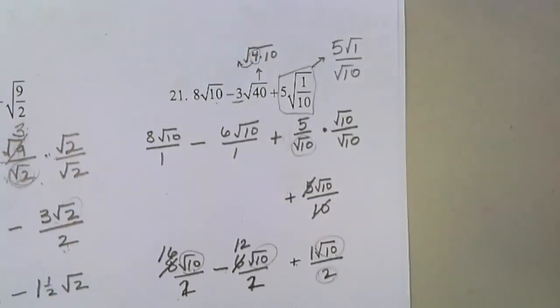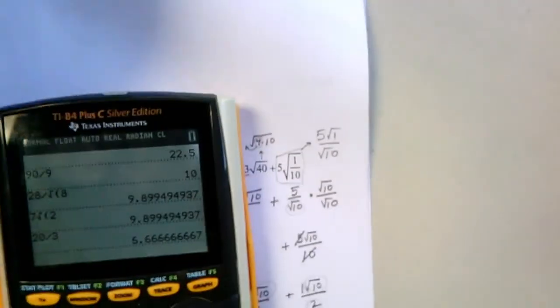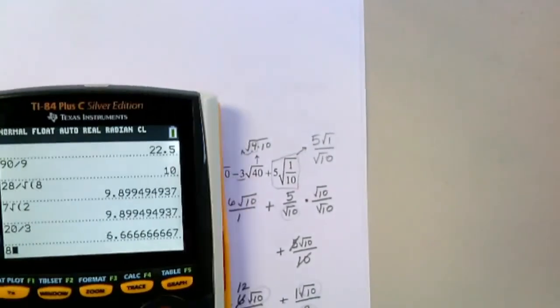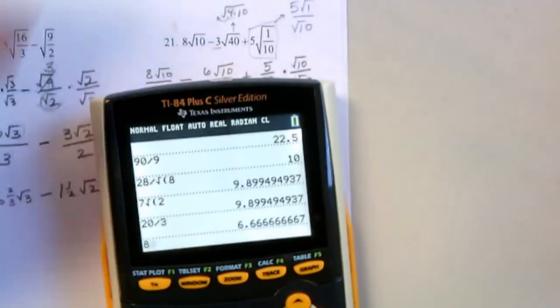Now, again, that's a lot of stuff going on there. And so what I'm going to do here is this. I'm going to double check everything to make sure I've done it correct. And here's how I'm going to do that. I'm going to type in the initial equation here, okay?